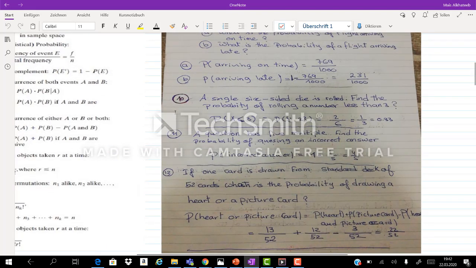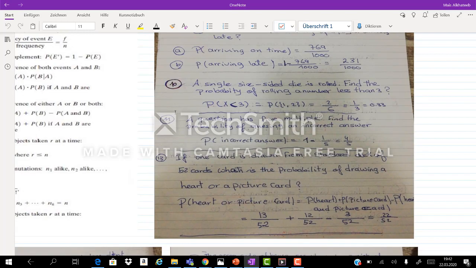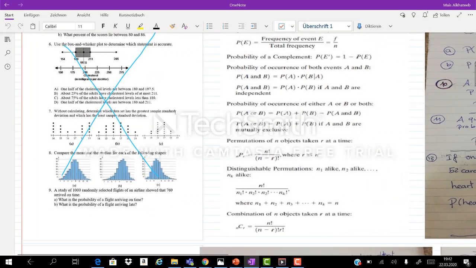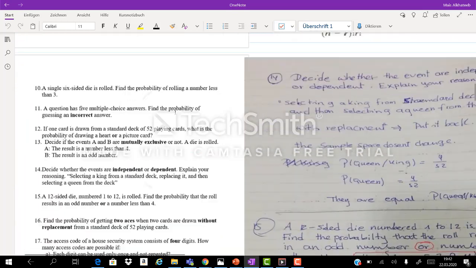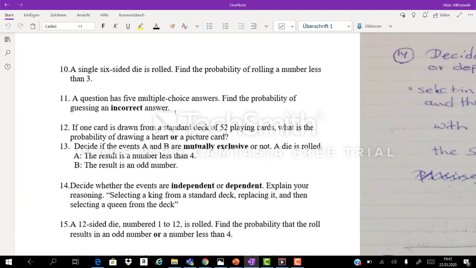Now we go to number 10 to read it. A 6-sided die is rolled.